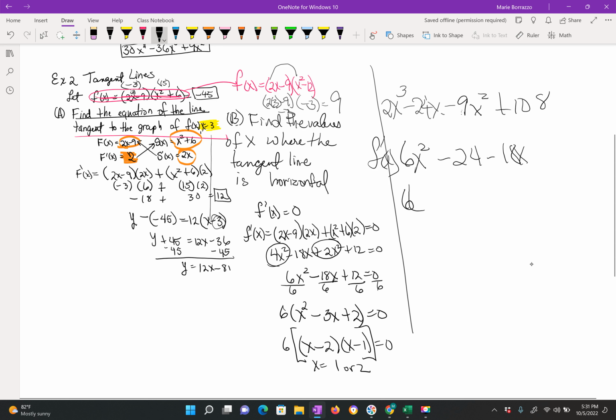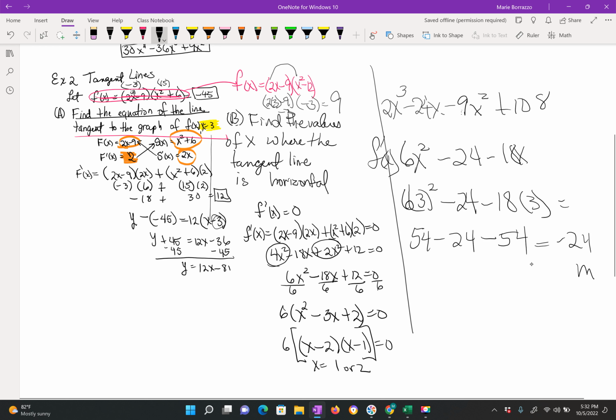So 6 times 3 squared minus 24 minus 18 times 3. What do you get there? This is 54 minus 24 minus 54. So the final answer is negative 24. That's your slope.